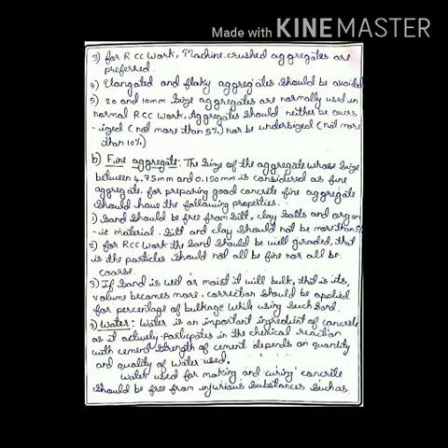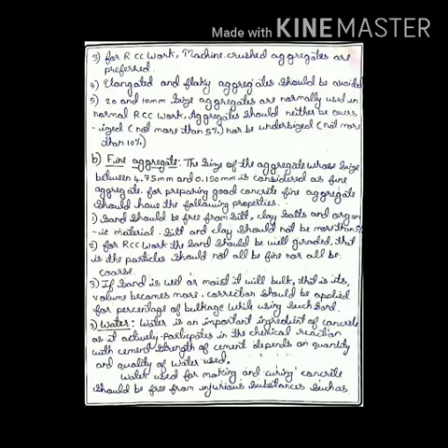So what are the properties of fine aggregates? Sand or fine aggregate should be free from silt, clay, salt and any organic matter. If clay or silt content is present in the sand, it should not be more than 5%.